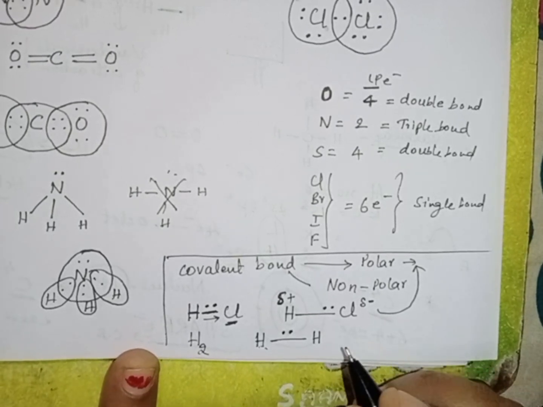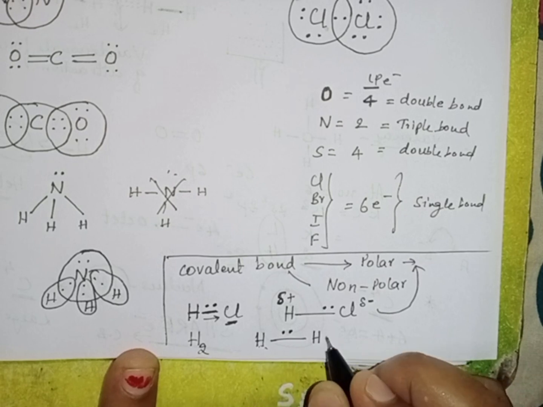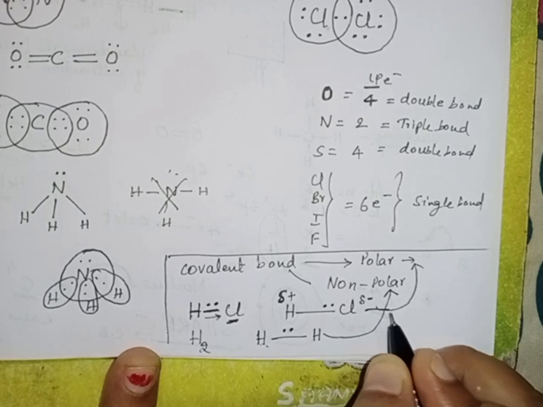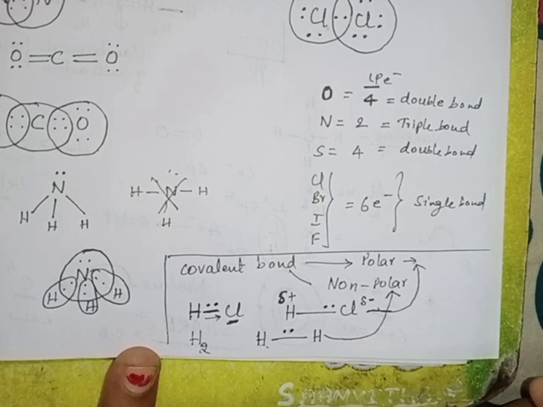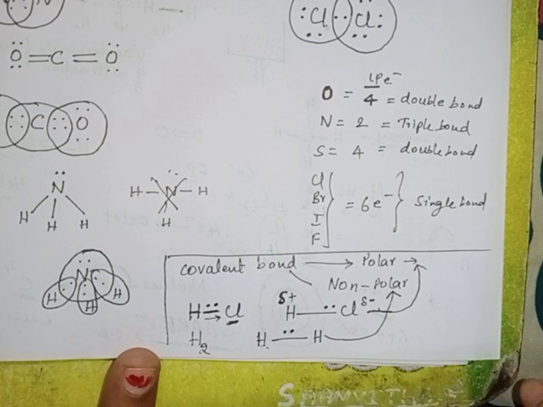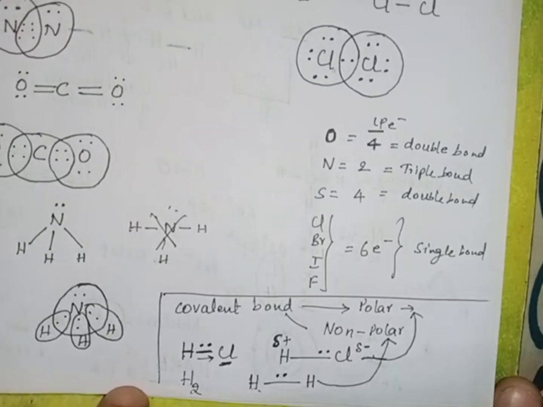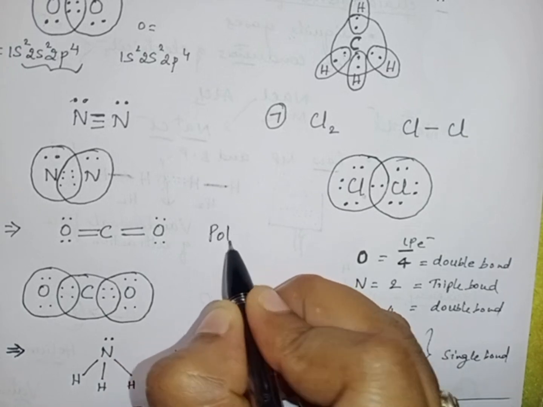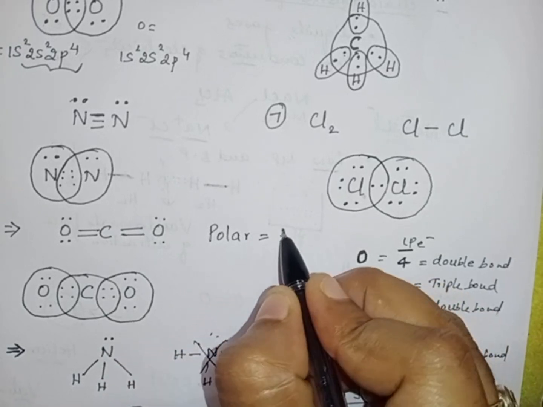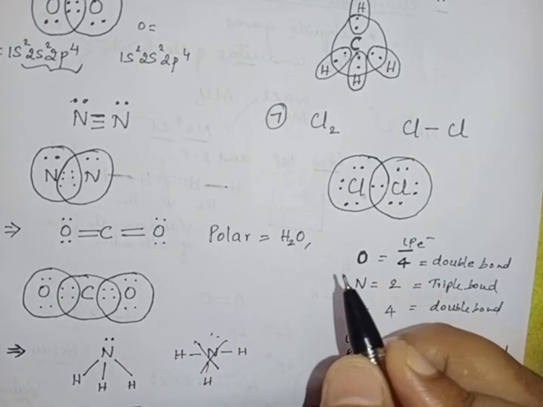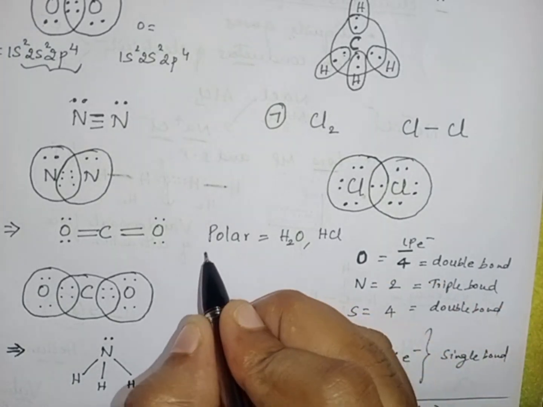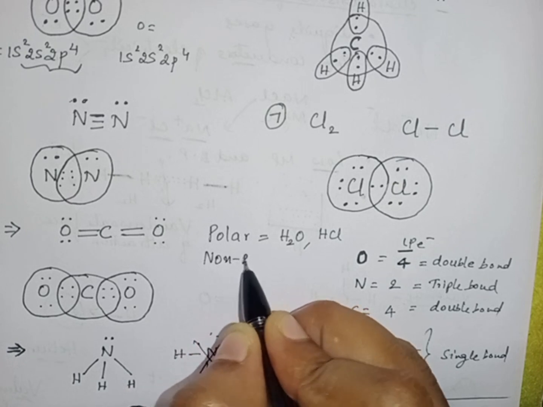This type of bond where there is no polarity, no positive or negative poles, we call non-polar covalent compounds. Now, I'll give you the list of polar compounds. Polar compounds, for example, H2O, HCl, common examples.